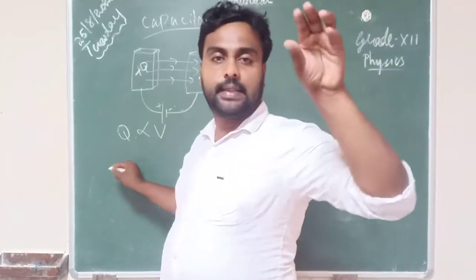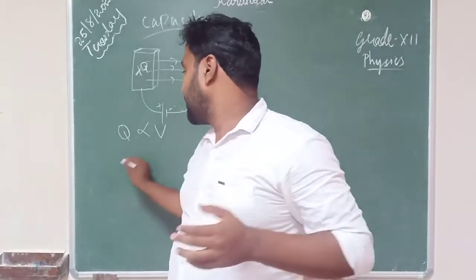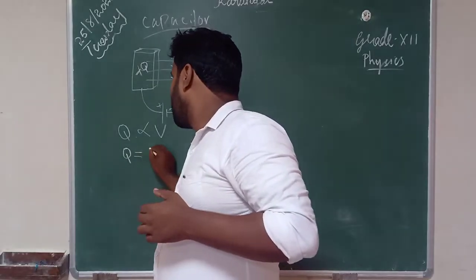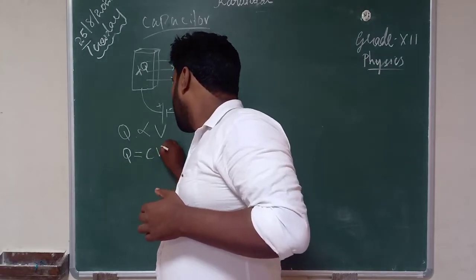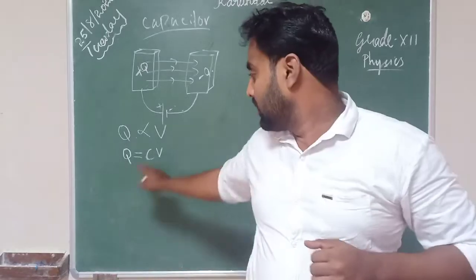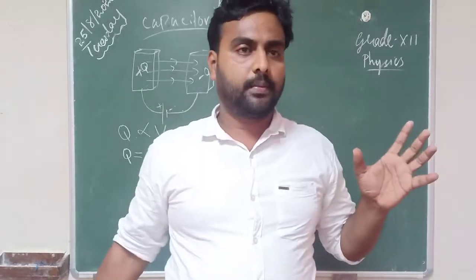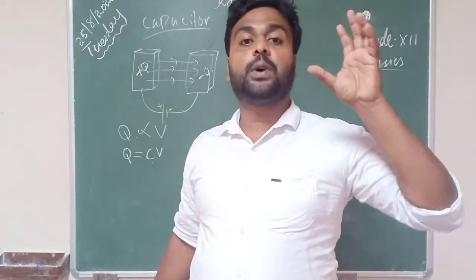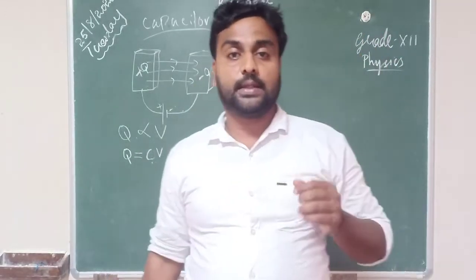Now we can change this proportionality symbol into a constant. So we can write that Q is equal to C into V. This C is called the capacitance of the capacitor.